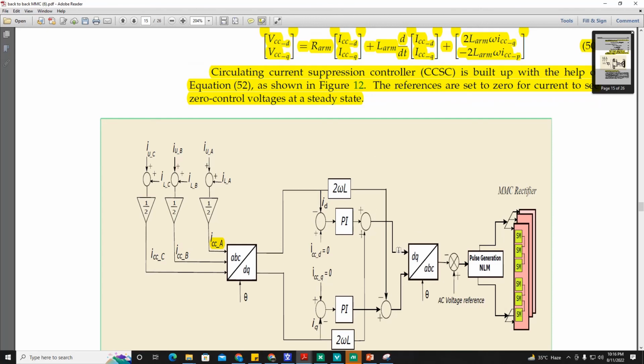This differential voltage VCCD and VCCQ will be converted back into ABC, resulting in the V differential voltage or VCC component, and that will be added to the reference signal, and then go to pulse generation NLM for switching signals to the MMC, in rectifier and inverter operation.